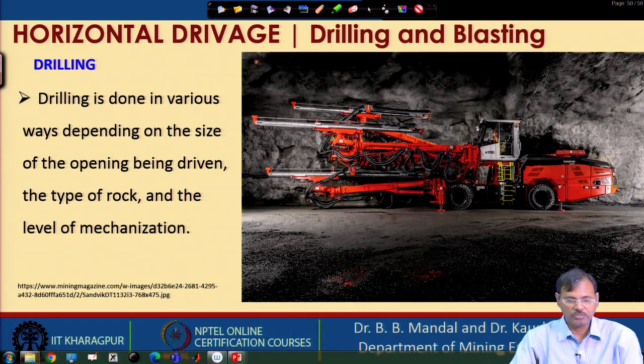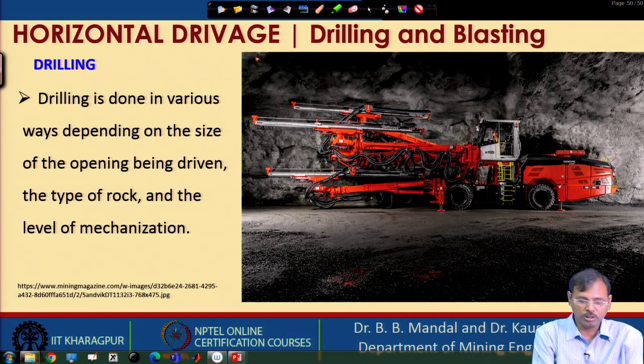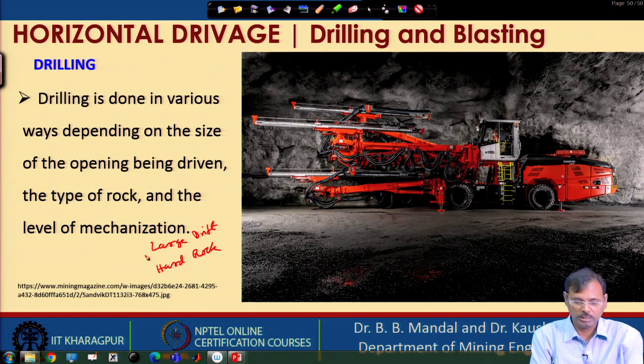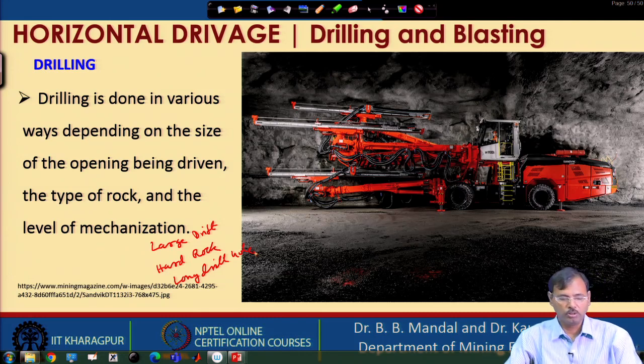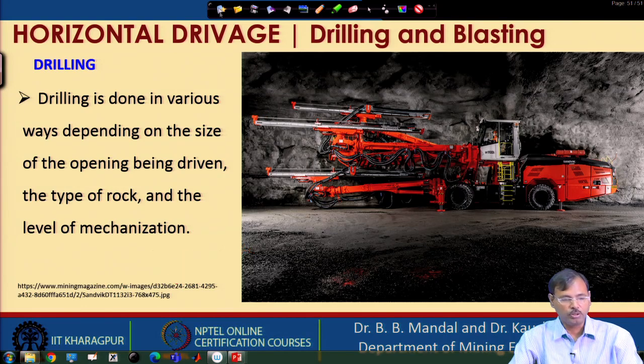When the drive size is very high, the rock is very hard, large drift, hard rock, in these cases manual drilling is very difficult. And in those cases these mechanized drill machines are adopted. So, this can depend on the size, etc.